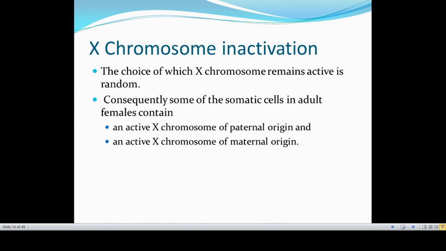The choice of which X chromosome remains active is random. Consequently, some of the somatic cells in adult females contain an X chromosome of paternal origin, and some contain an active X chromosome of maternal origin.